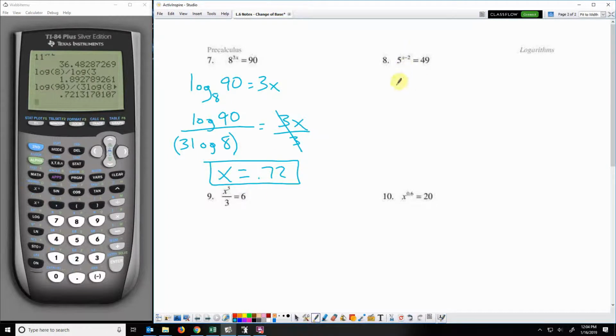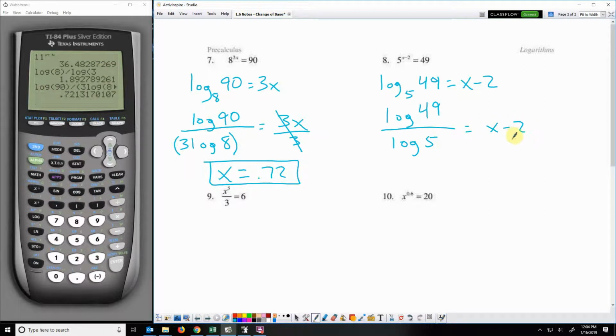Here again, I'm in exponent form. We'll change it to log. I've got a base of 5, an argument of 49, and an exponent of x minus 2. So I'll do change of base, log of the argument over log of the base equals x minus 2.